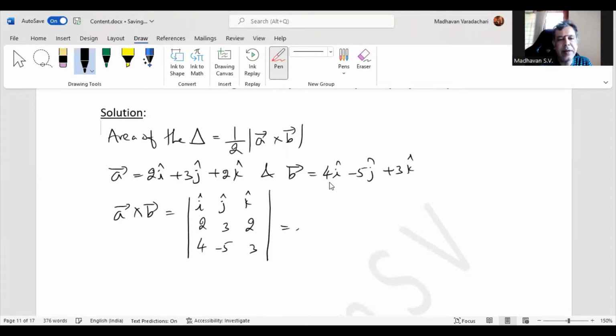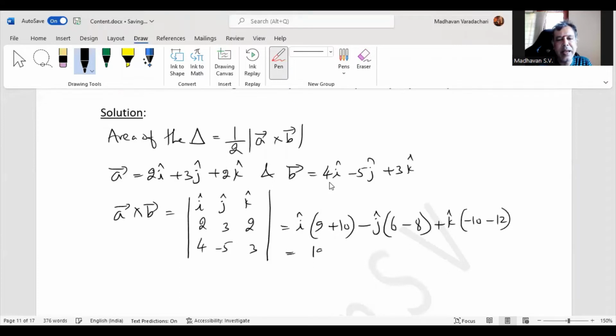Now let us evaluate the determinant: I cap times (3 into 3, it is 9, minus of -10, it becomes plus 10), minus J cap times (2 into 3, 6, minus 4 into 2, 8), and finally plus K cap times (2 into -5, which is -10, minus 4 into 3, it is 12, and so it is -22).